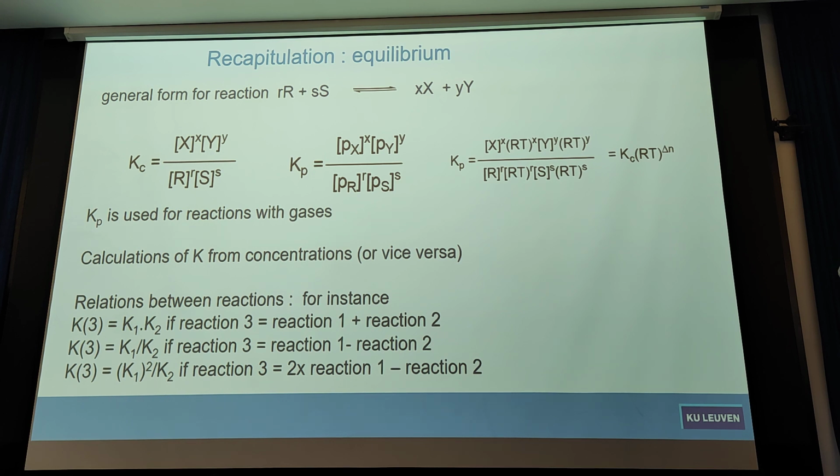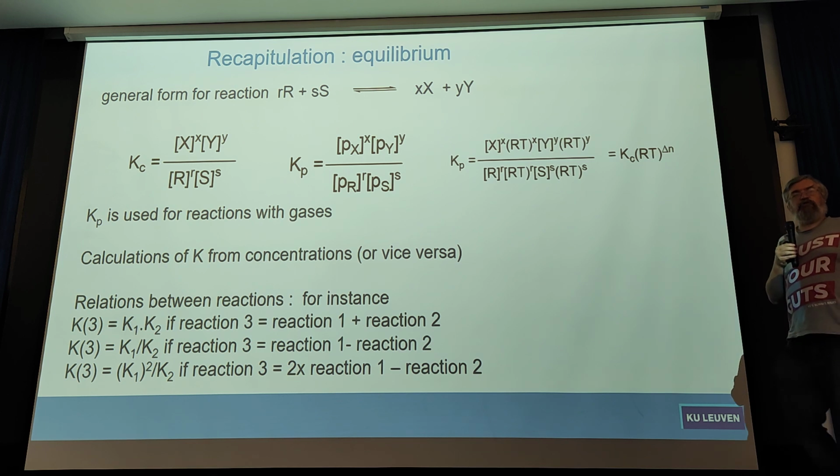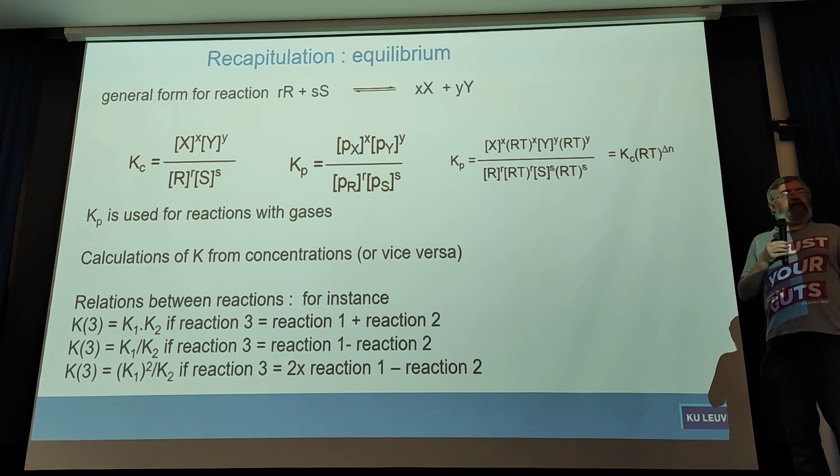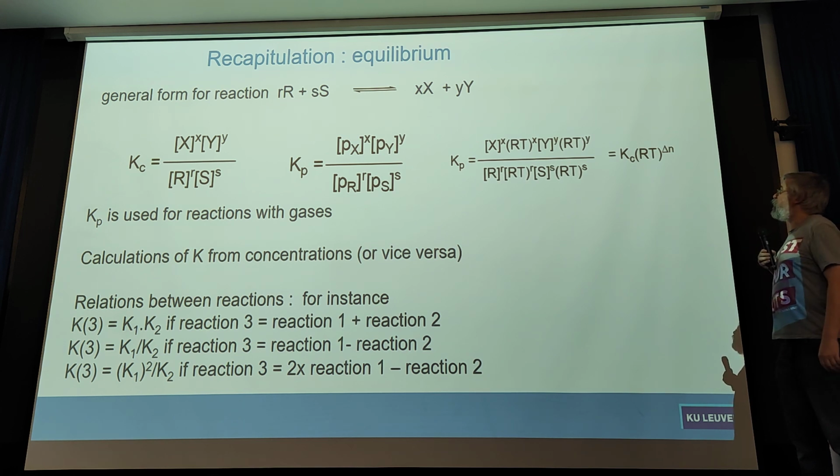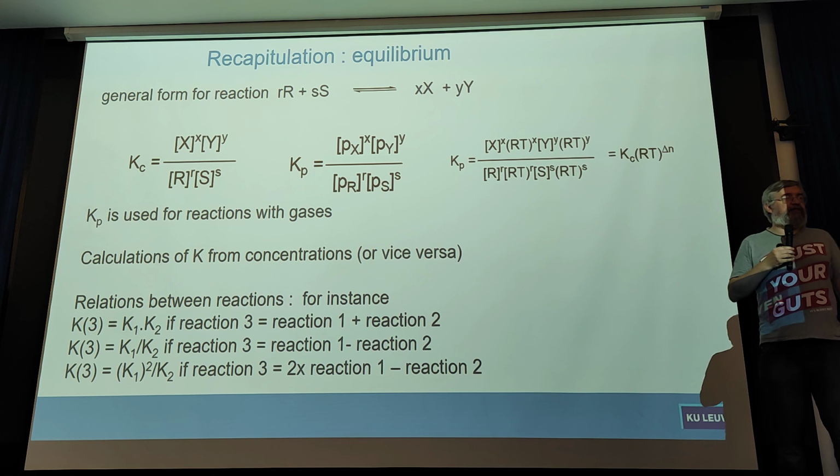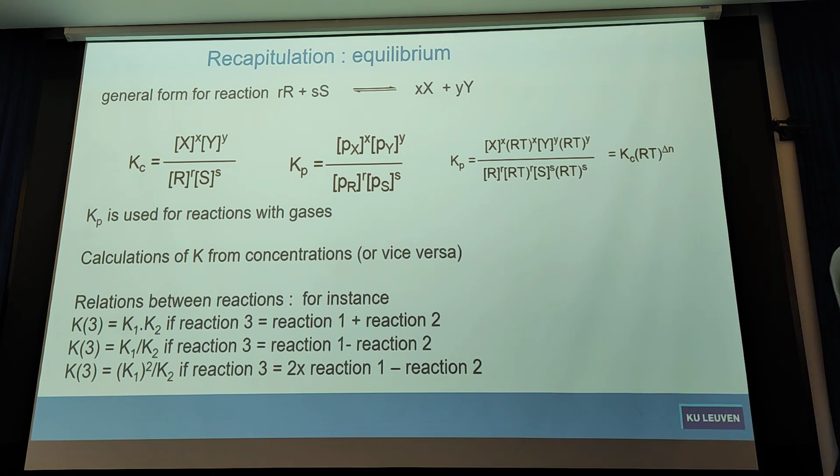So these are typical ways how the equilibrium constant would be written for any kind of reaction with any kind of coefficients. And you can see Kp and Kc are actually related to each other. To get Kp, we need to multiply Kc with a number of factors of RT.